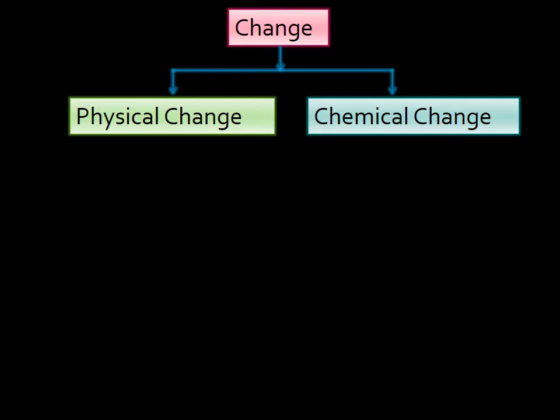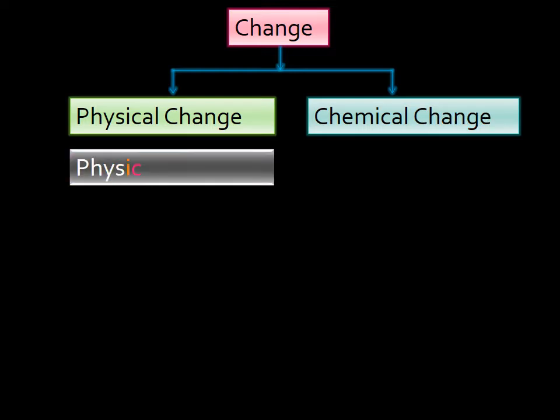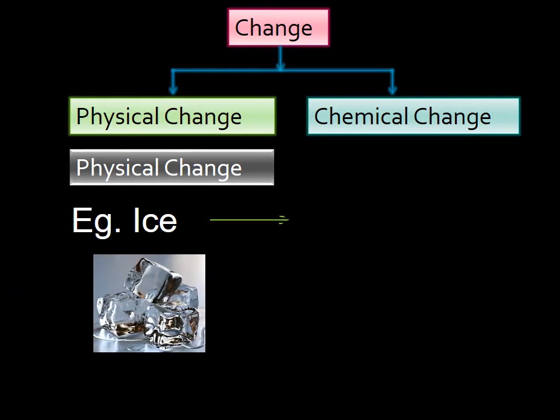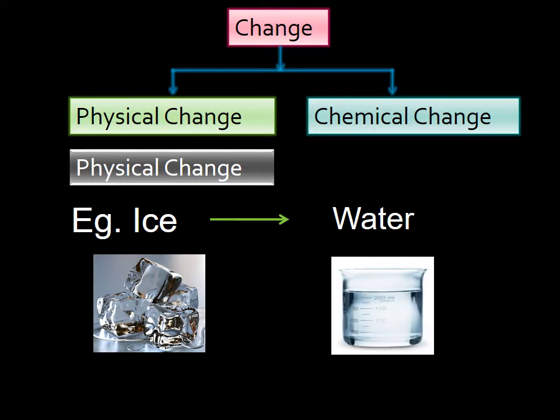Let's learn this physical change with the help of an example. A very well-known example is the conversion of ice into water. Ice and water chemically both are the same, only the state of the substance is changed.